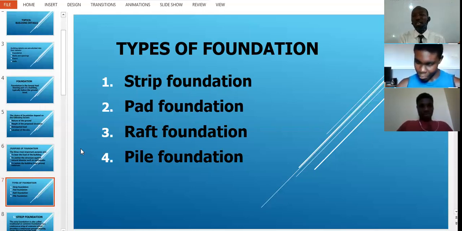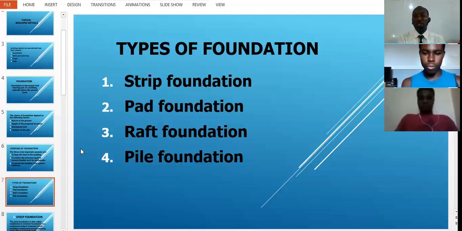You may search and find other types of foundation, but they are all embedded into these 4 types that we have on the screen: strip foundation, pad foundation, raft foundation, and pile foundation. These are the major types of foundation that we have.